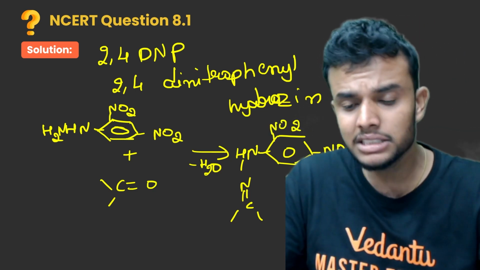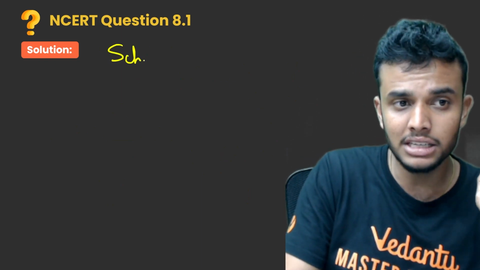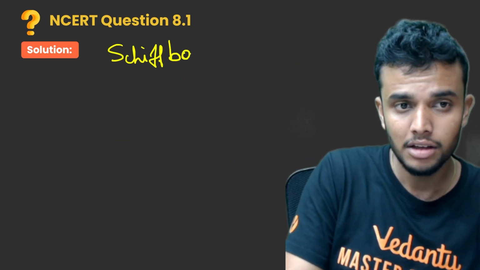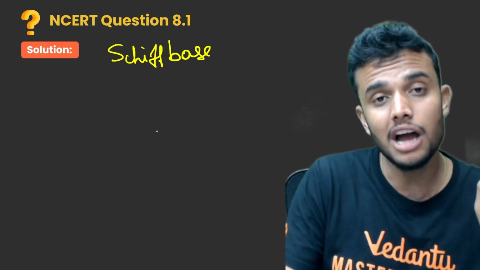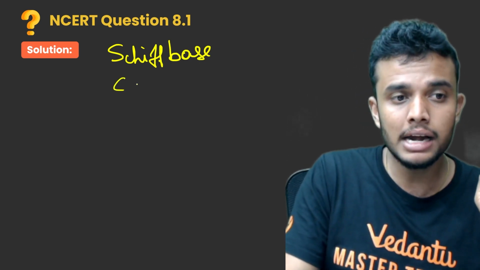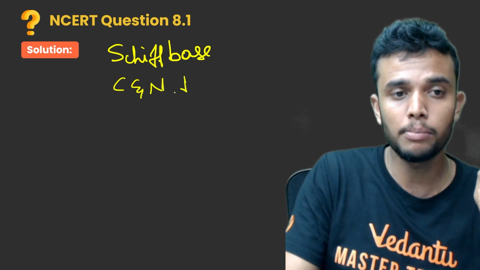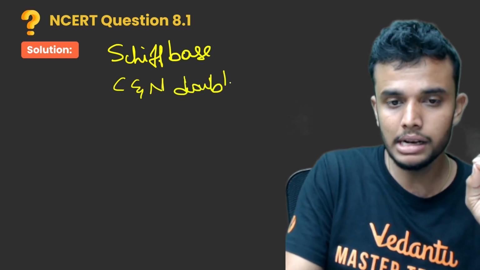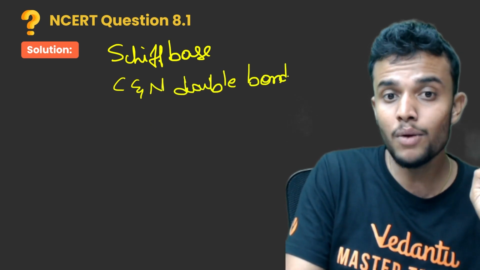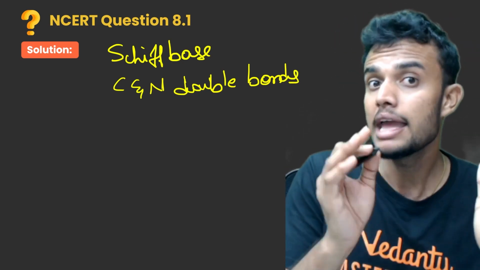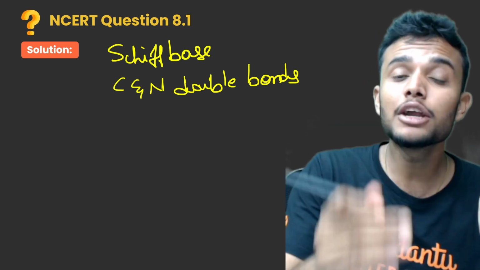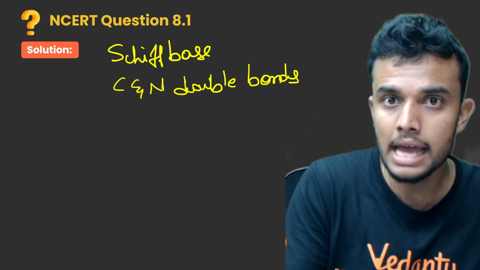Let's move on to the last definition. What is the last definition? Schiff base. What is a Schiff base? Schiff base is very simple. These are compounds containing a carbon and nitrogen double bond, similar to imines, but there is one difference. In imines, the R group may be hydrogen, otherwise any alkyl or aryl.